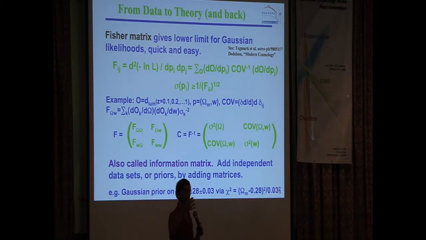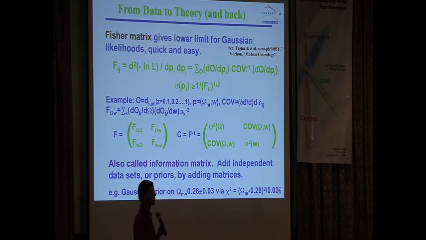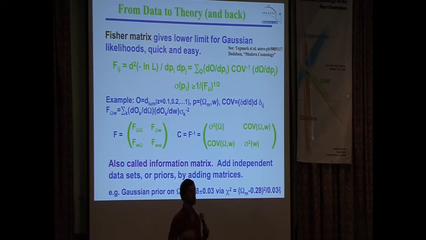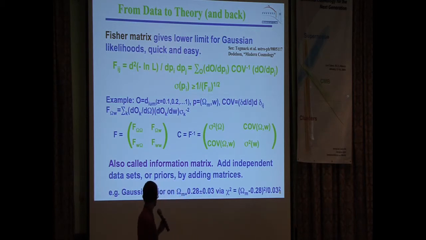The more information there is in your data, the larger the Fisher elements are, and the smaller your errors will be. To add data sets together, you just add the Fisher matrices. You're just adding information together. If data set 1 and data set 2 have some overlap in the information they contain, then there are going to be covariances that are included there, and you don't want to double count the information.